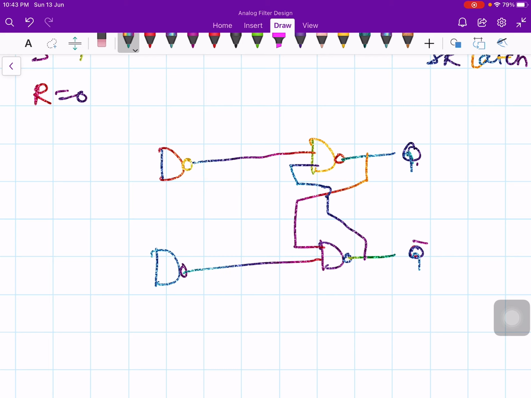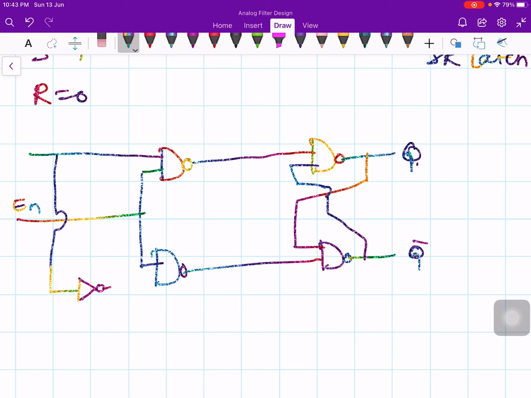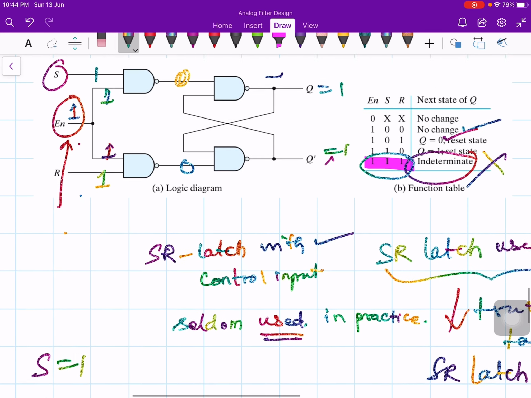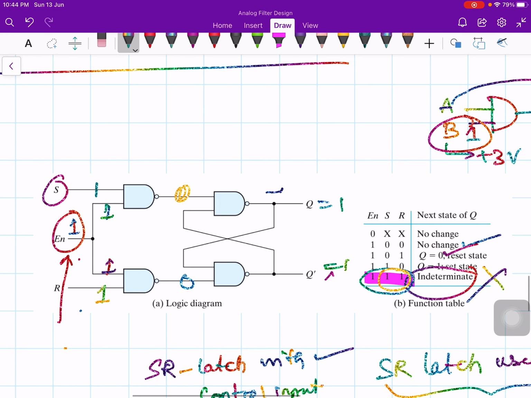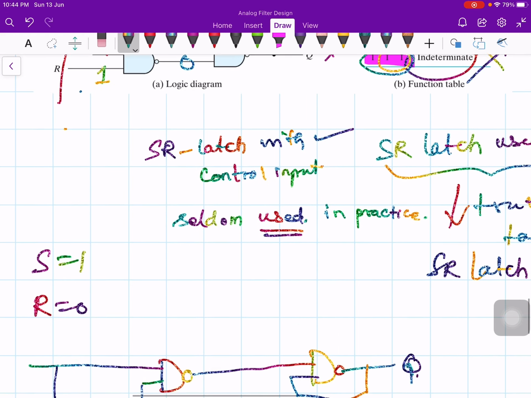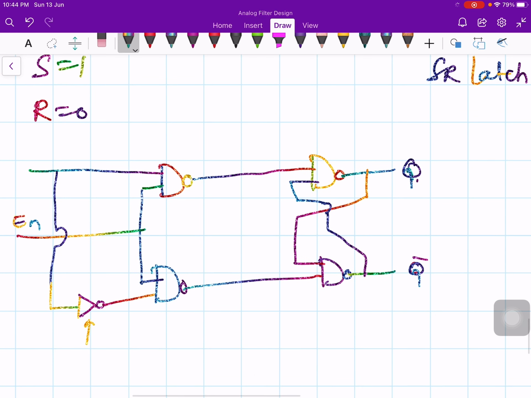You connect these two, and this is enable. But the beauty is that instead of having two inputs, I am going to have only one input by using a NOT gate, so that this NOT gate makes sure that both inputs cannot be 1 at a time. That is why if you put a NOT gate, you cannot apply 1 1.